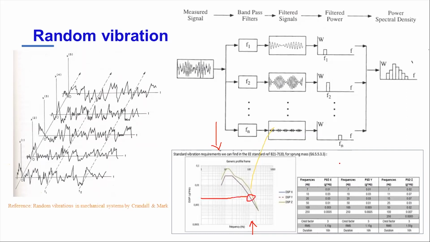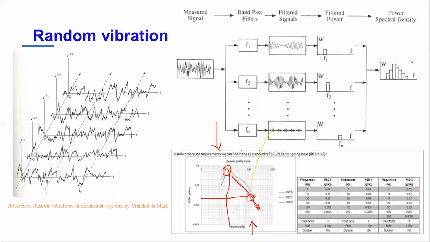At this frequency, because of all the random vibrations, the energy thrown into the component was very high. But as you go towards higher frequency, the energy infusion into the component is not really very high.